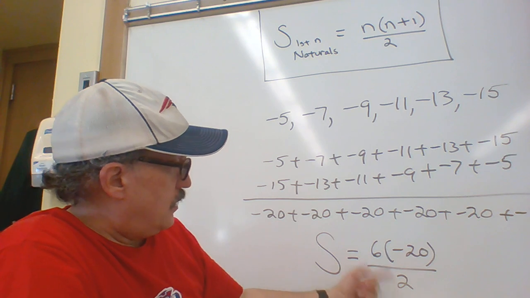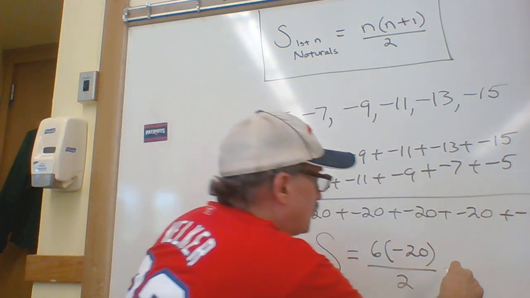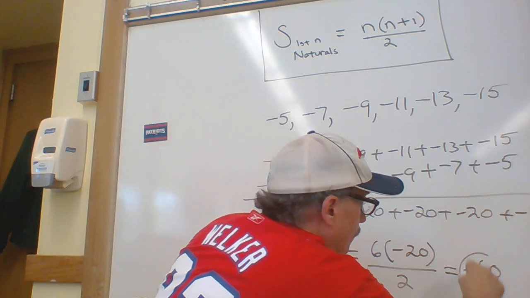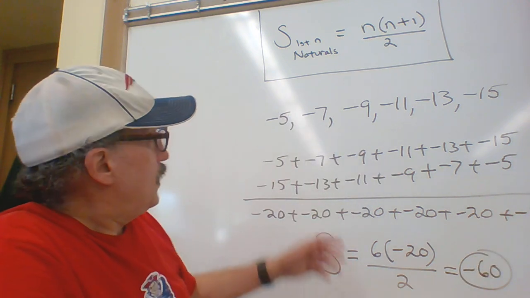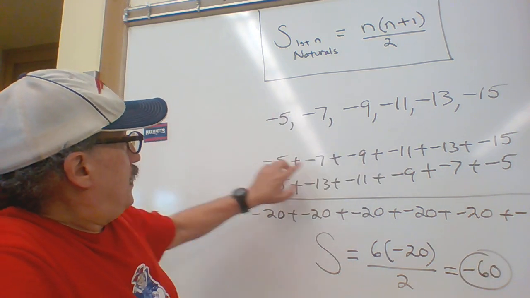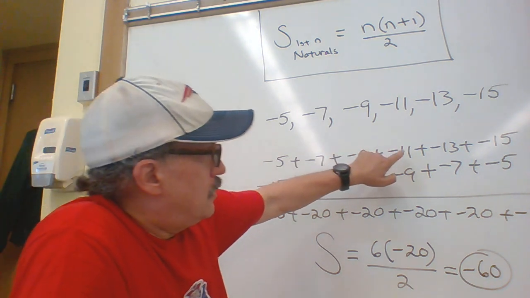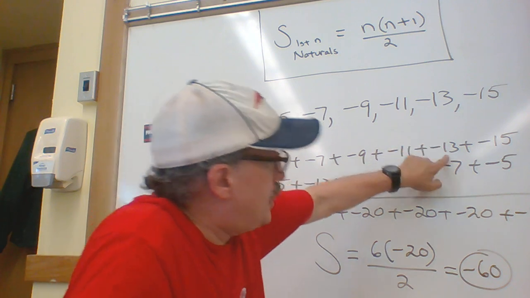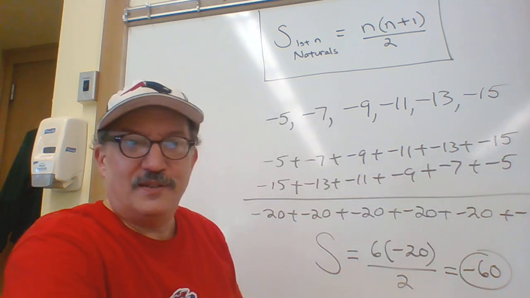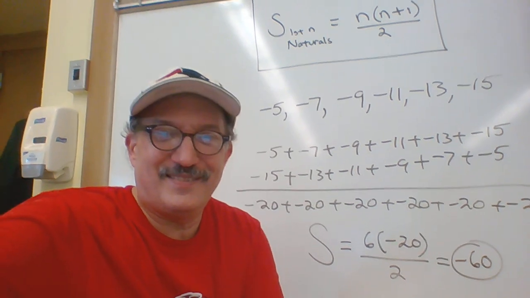We could cancel here. 3 times -20, -60. We could confirm that. -12, -21, -32, -45, -60. So once again, it works.